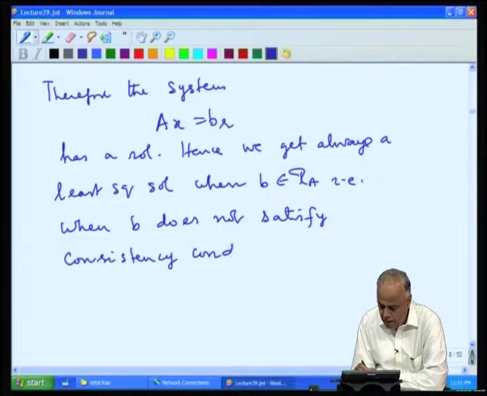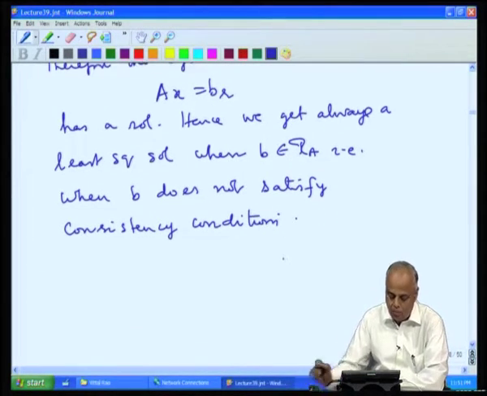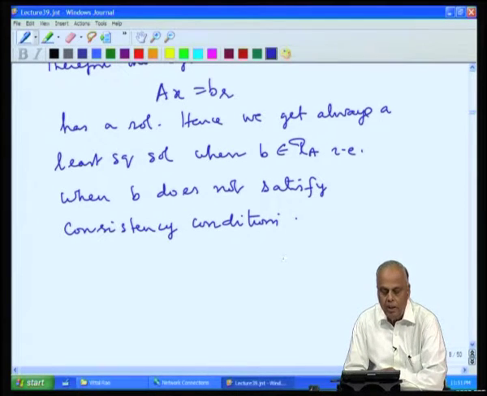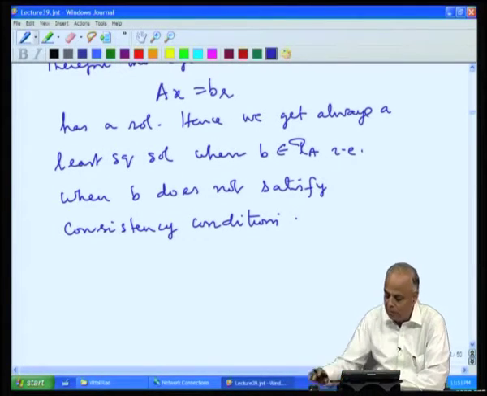So, now let us analyze this least square solution. Now, Ax equal to b_r, b_r satisfies the consistency conditions. We have seen how to get the solutions when the consistency conditions are satisfied.